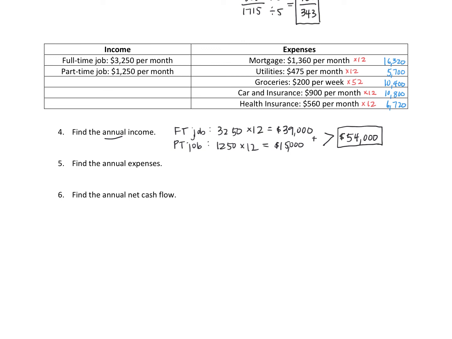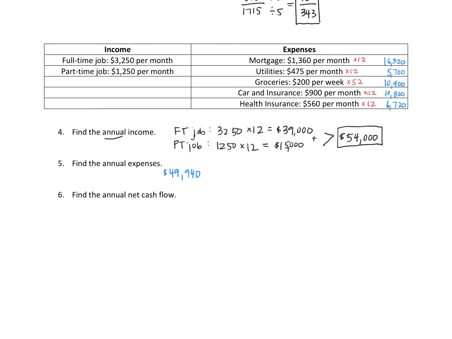So 16,320 plus 5,700 plus 10,400 plus 10,800 plus 6,720. And so for that, I got $49,940.